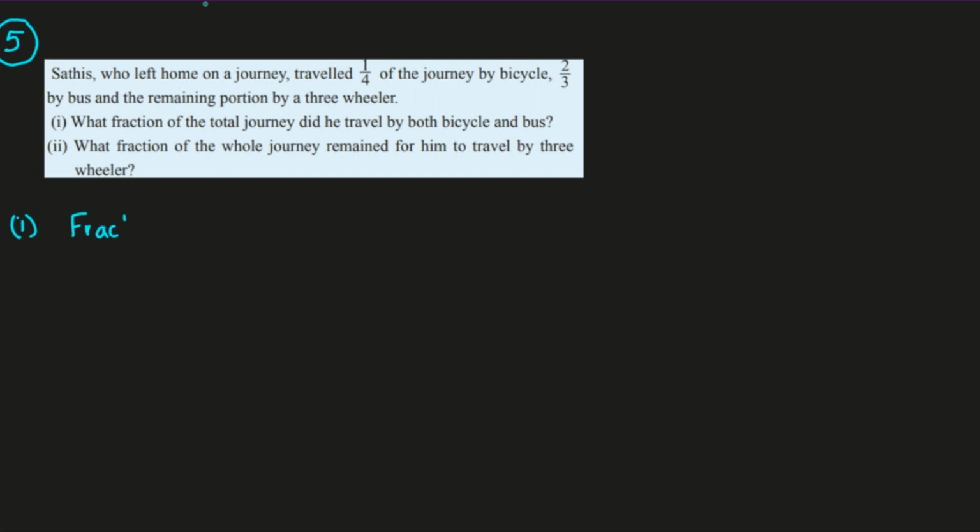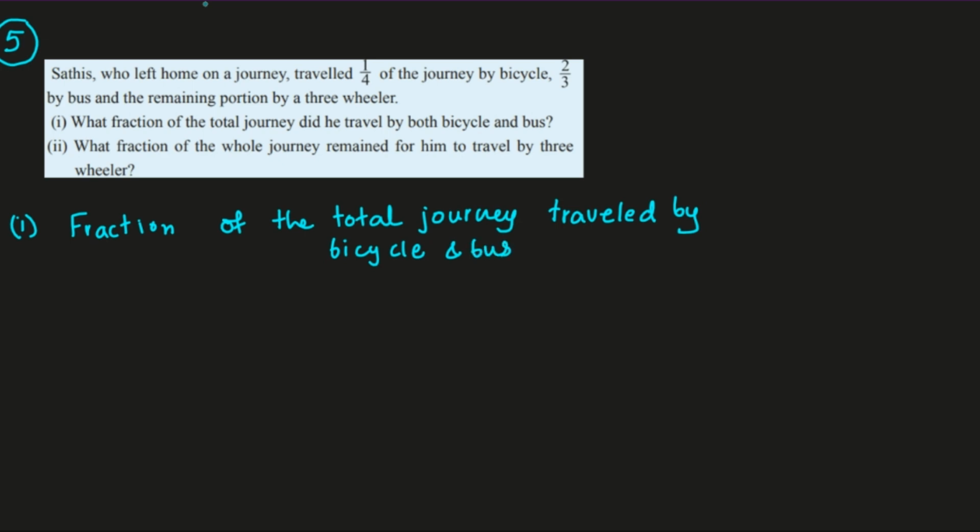Fraction of total journey traveled by bike and bus. So what they're asking here is just the total.